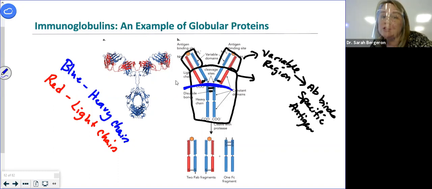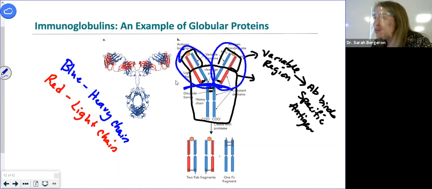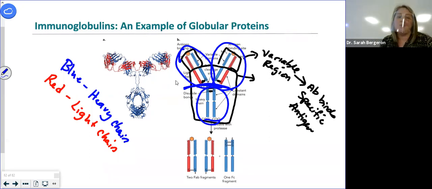And so you end up with two of these part variable, part invariable regions, and then you get the bottom, which the top they call the Fab fragments, and then they call the bottom part the Fc fragments. But you don't have to know the names of those, but you do have to know heavy chain, light chain, and where the variable region is and what the variable region can do, right?